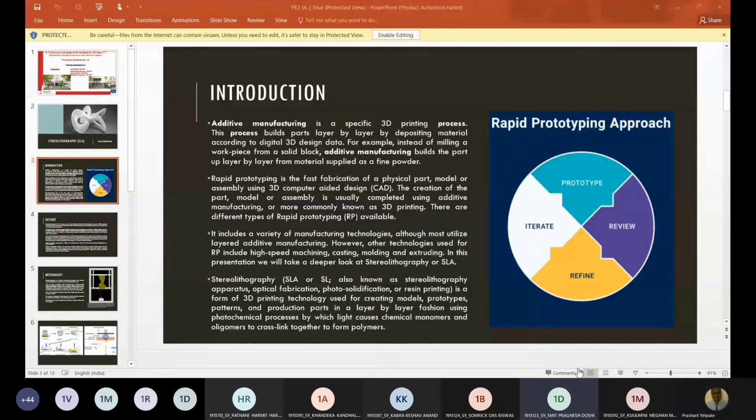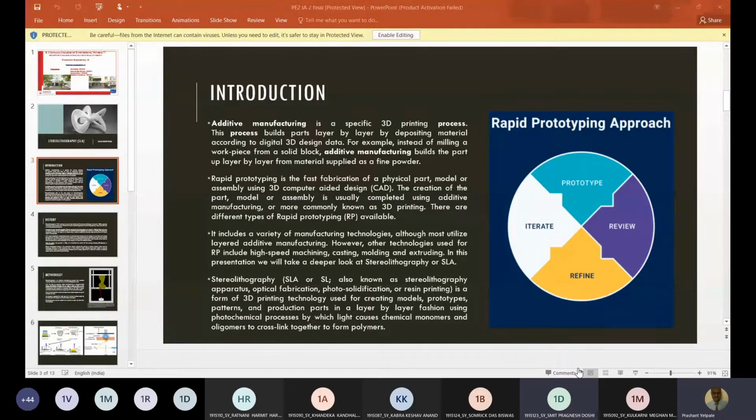Nowadays it is known as rapid prototyping. This is actually the same thing, but we use computer aided design for the creation of the part. So there are different types of rapid prototyping available, and one of them is stereolithography.